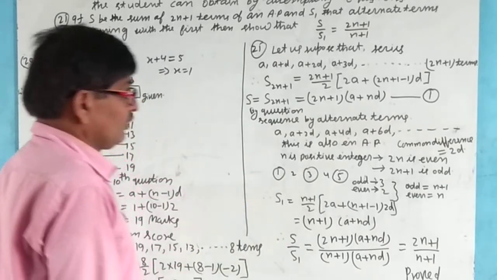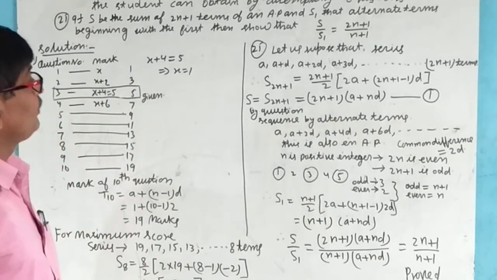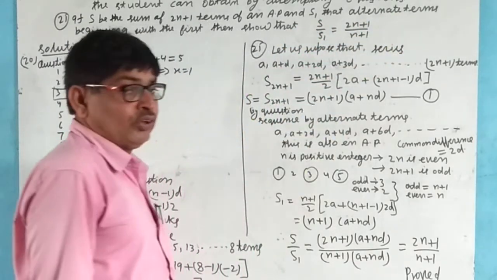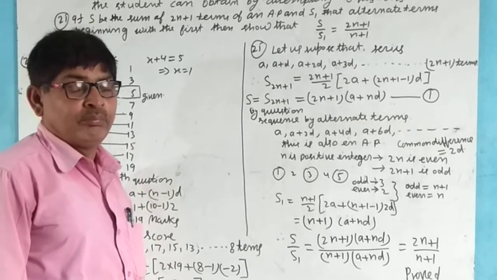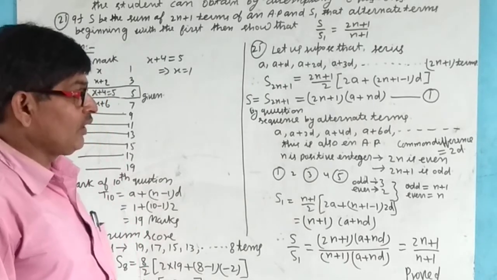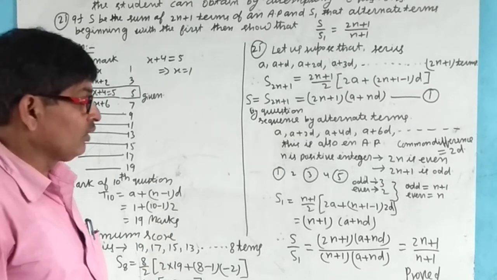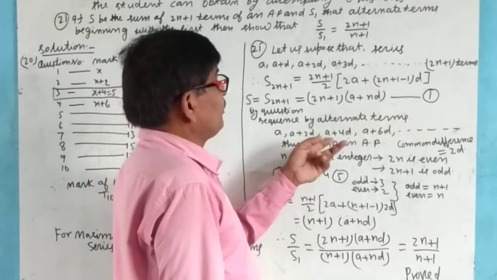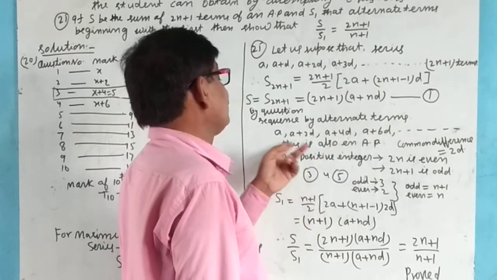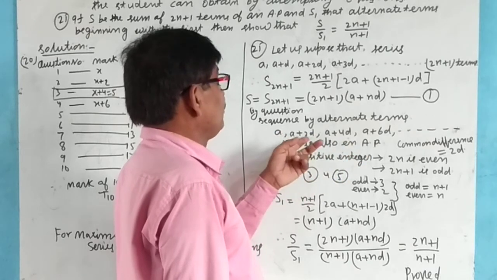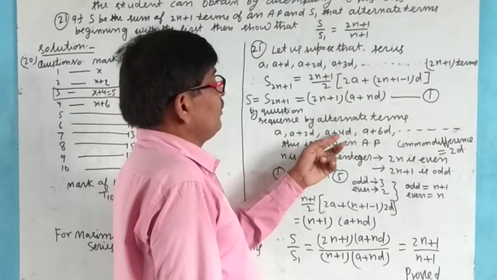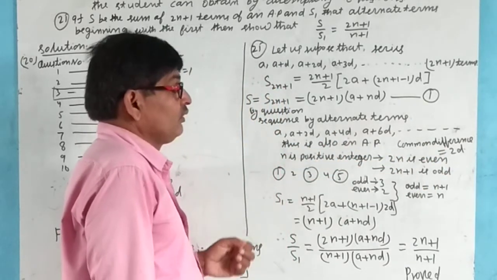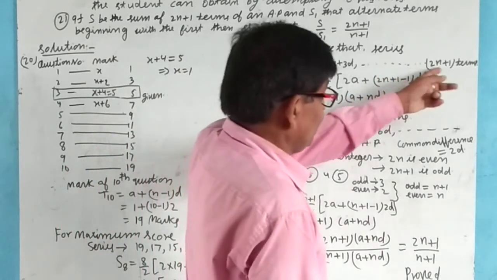Now by the question, the sequence of alternate terms. Here we have shown that if we make a sequence of an AP by taking alternate terms, that is also in AP, so A, A plus 2D, A plus 4D, A plus 6D are also in AP, and its common difference will be A plus 2D minus A, that is 2D, A plus 4D minus A minus 2D, so the common difference is 2D. The total terms are 2n plus 1.